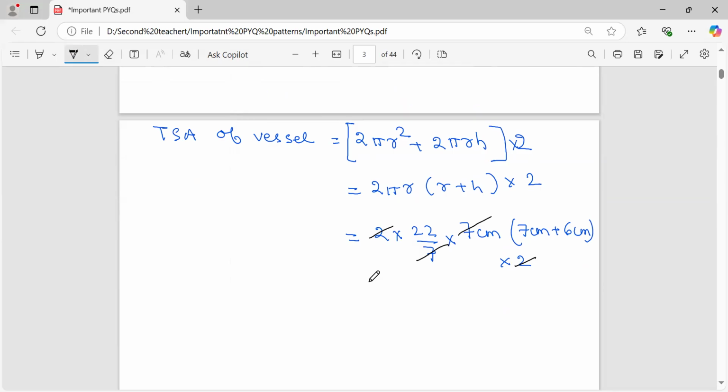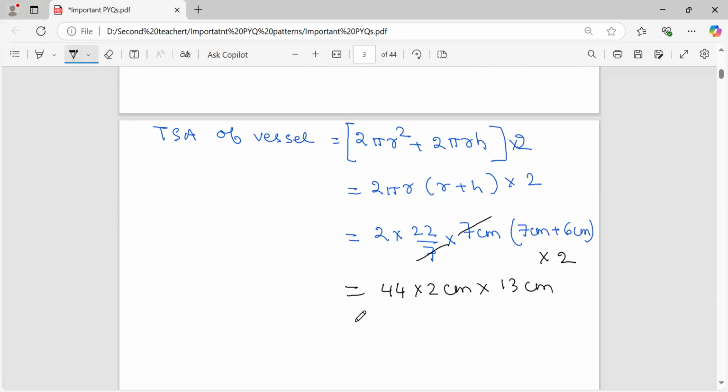Right? Okay, this 2 is not at the bottom, so we have to be very careful while writing. So into 2 is on top only. So this is 44 into 2. Okay, 44 into 2 centimeter into 7 plus 6 is 13 centimeter.